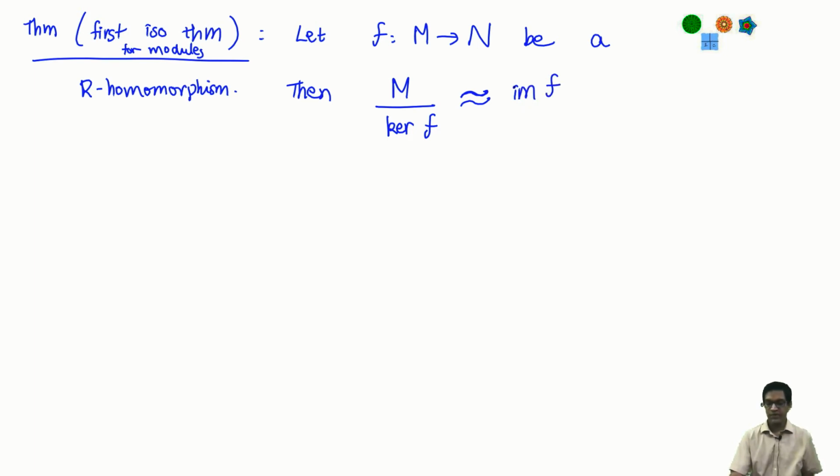Remember, image of f is a submodule of N. It's a module in its own right. M by the kernel, it's a quotient module. The claim is that these two are isomorphic as R modules.